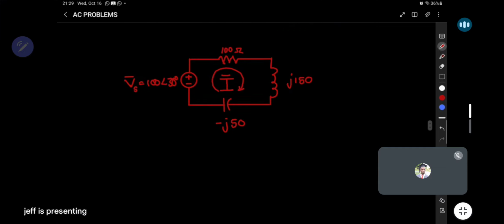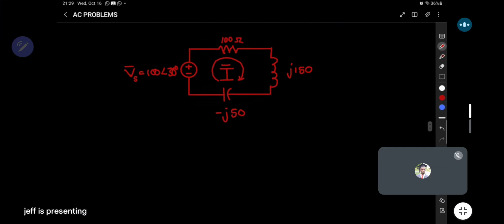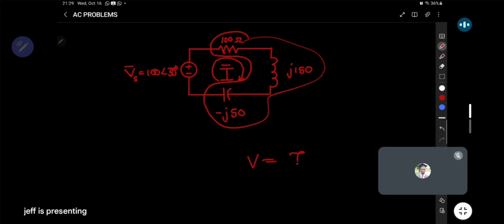Or if you don't want to use mesh analysis, you can still use the standard way: first get the total resistance in your circuit, then use Ohm's law, V equals IR, so the current equals the voltage over the resistance. You can still go ahead and use this approach. But I'll use Kirchhoff's voltage law.